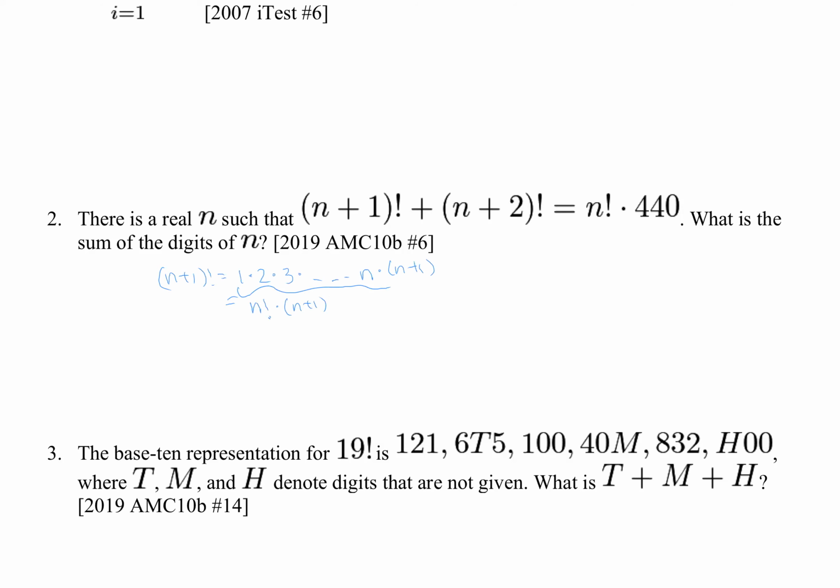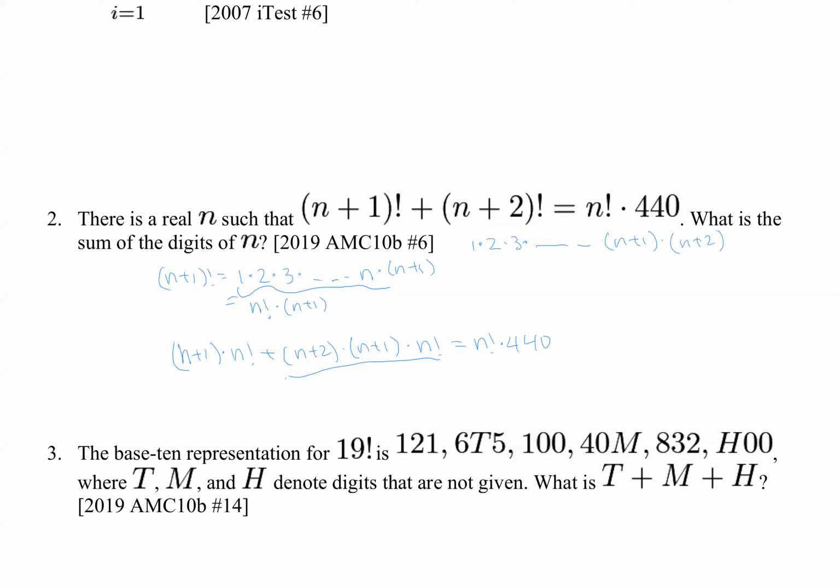Okay, right? So rewriting the equation, we have n plus 1 times n factorial plus n plus 2 times n plus 1 times n factorial equals n factorial times 440, right? If you're wondering where I got this from, n plus 2 factorial, if we write it all out, is 1 times 2 times 3 all the way to n plus 1 times n plus 2.